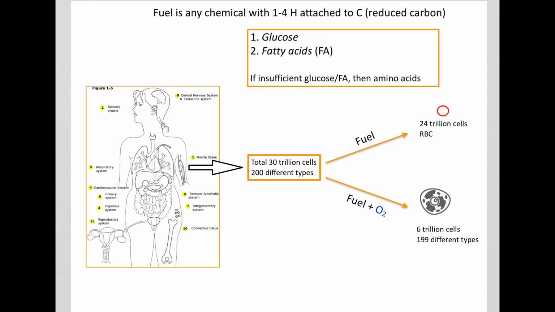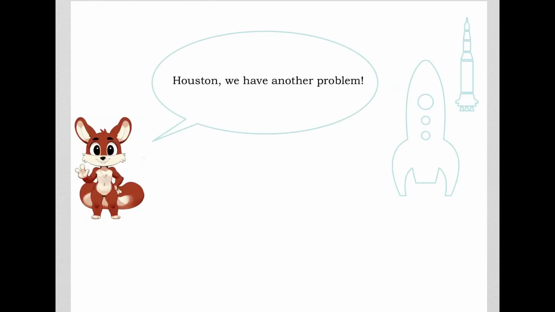Okay, so does this mean now that we can give glucose or fatty acids to the red blood cells and glucose or fatty acids to the other non-red blood cells? Unfortunately, the answer is no. Yes, Houston, we do have another problem we have to deal with.